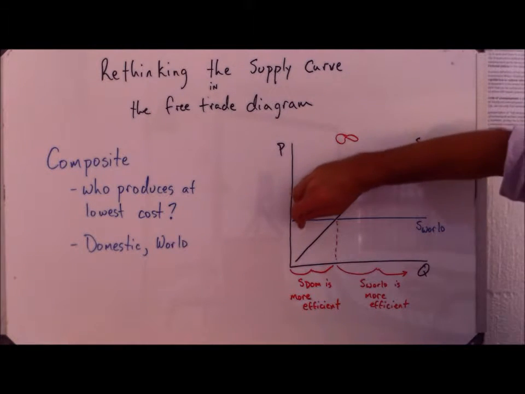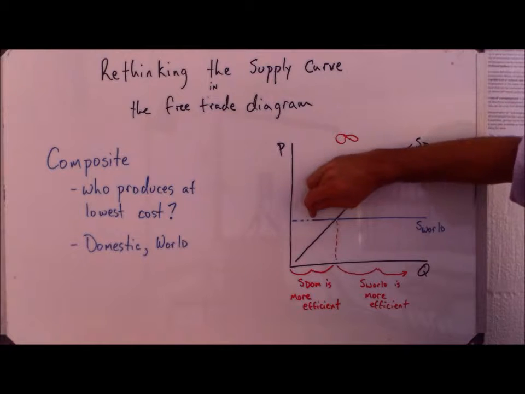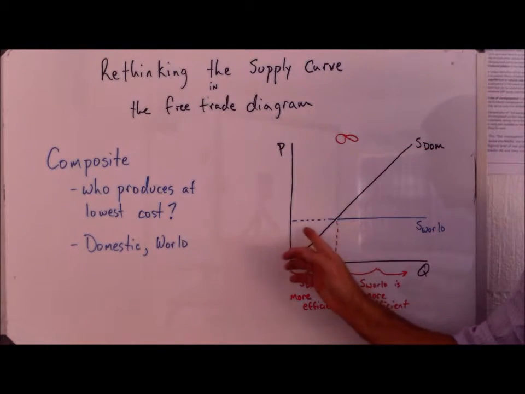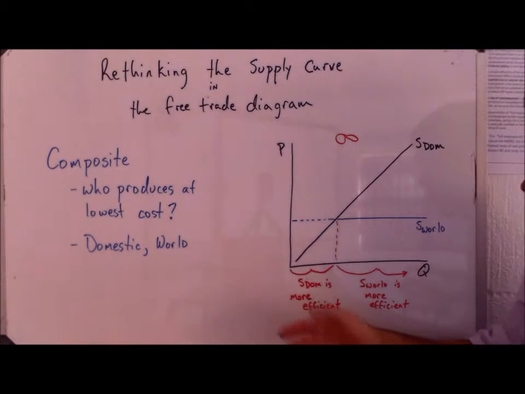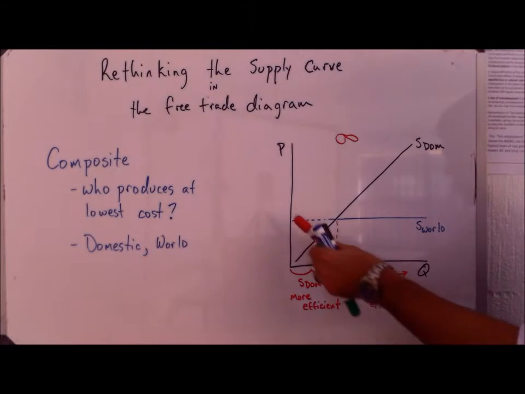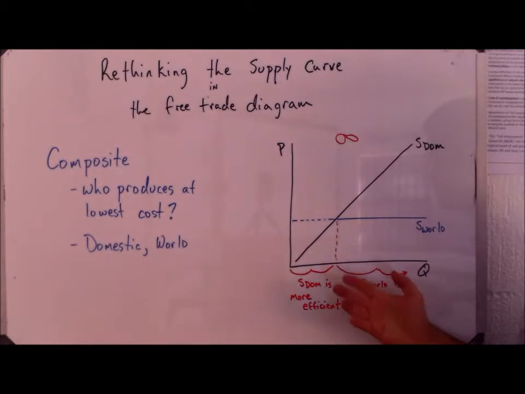We can sort of do this if it makes it easier. And remember that this part of the world supply curve, effectively, it doesn't matter. If domestic demand for this product is right here, well, there would be no importing of this good because the domestic suppliers could satisfy that demand.